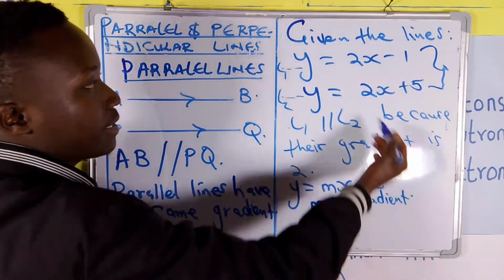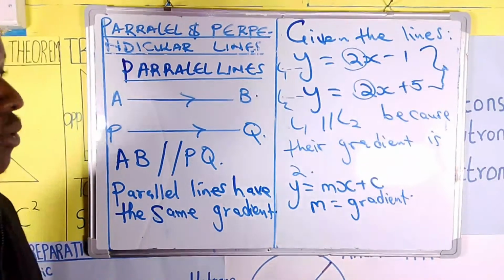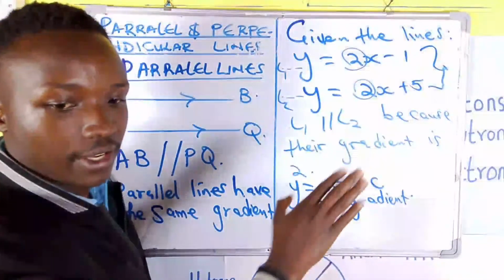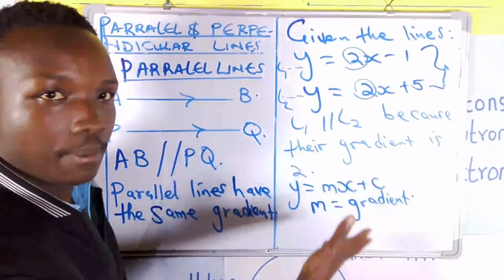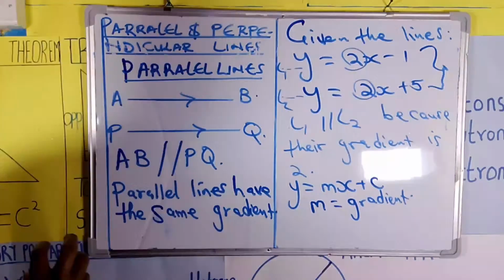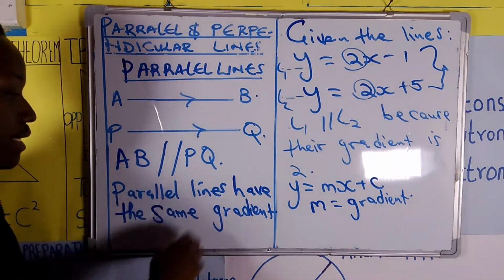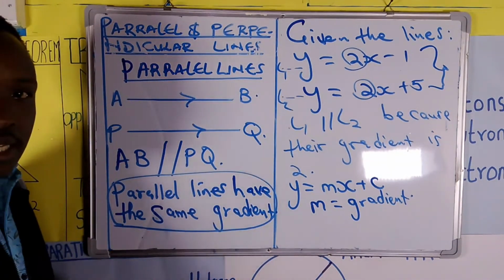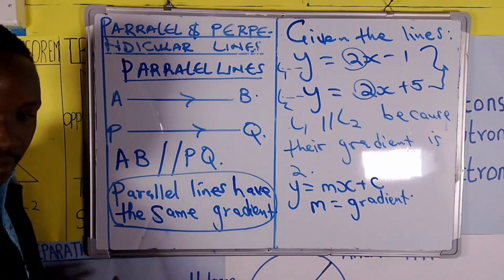In this case, our m here is 2 and our m here is 2, because y is equal to 2x minus 1 and y is equal to 2x plus 5 conform to the general formula y is equal to mx plus c. So the key point to note here is that parallel lines have the same gradient.